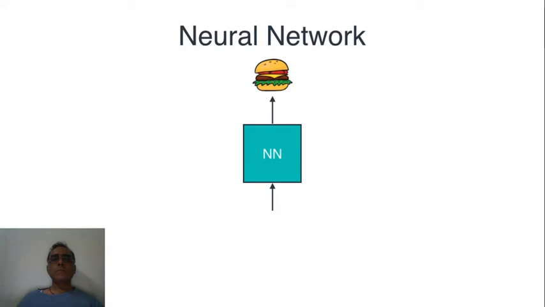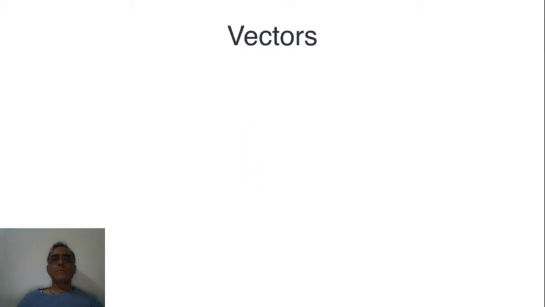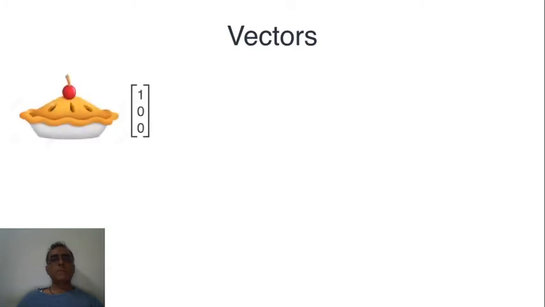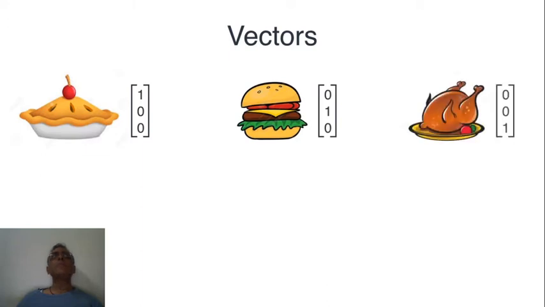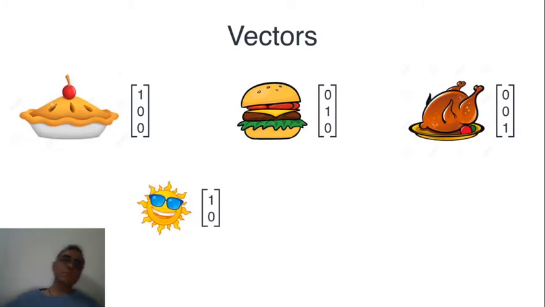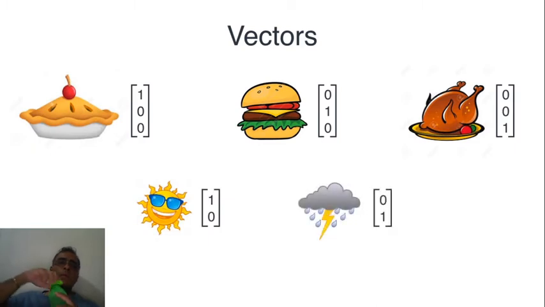So let's do some math, and for math we're going to use vectors. So we're going to represent the food by some vectors and the weather by some other vectors. The rainy day is going to be represented by a 0, 1 vector.